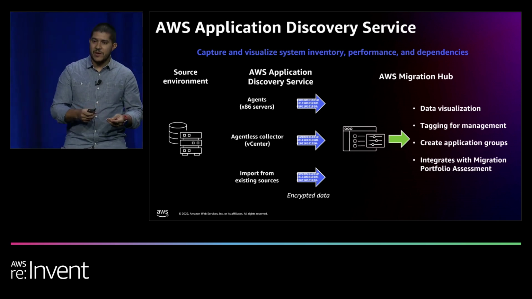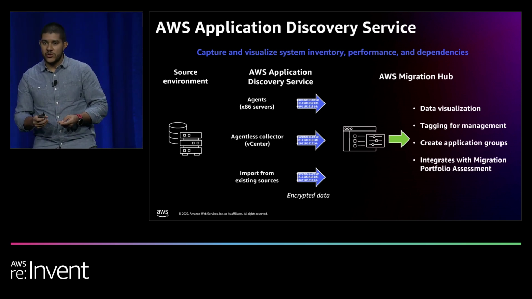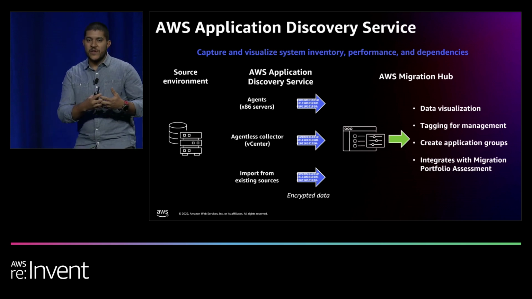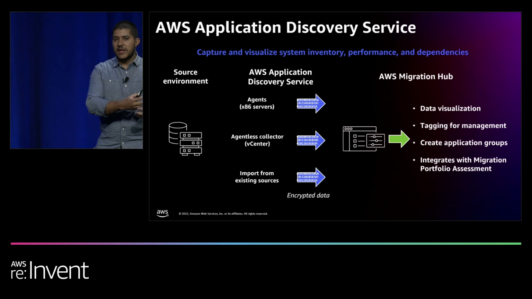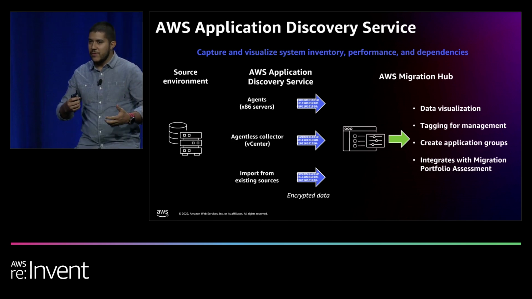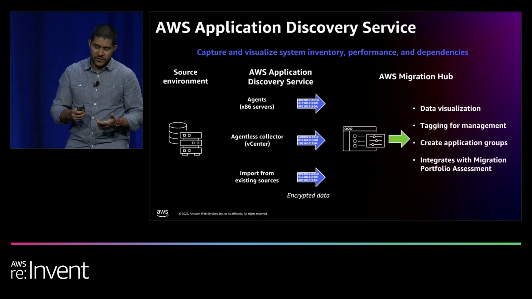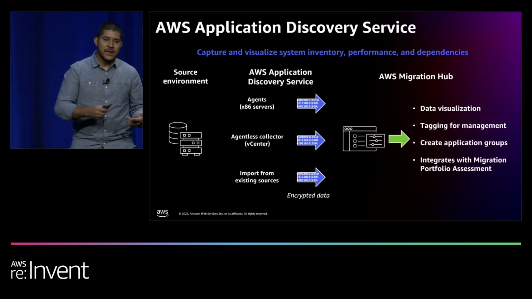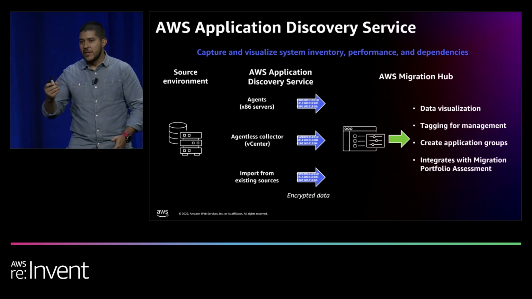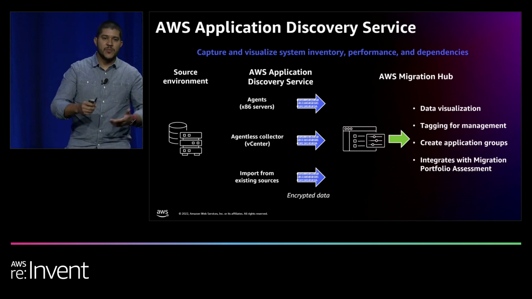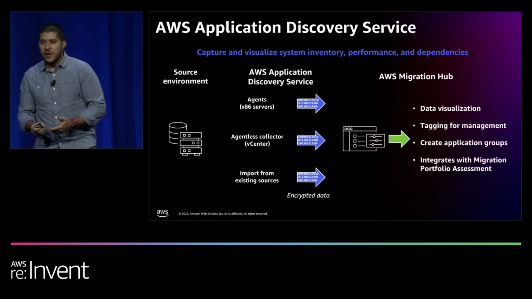For VMware environments, we can leverage agentless collector, so we can connect and integrate the collector with the VMware vCenter, and then get the information from the vCenter directly without requiring installing agents in each virtual machine. And we can also have the option to import a spreadsheet or external database. For example, a dump CMDB, so we can import them.